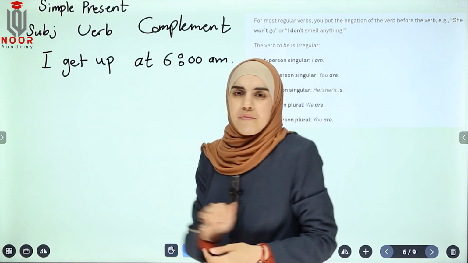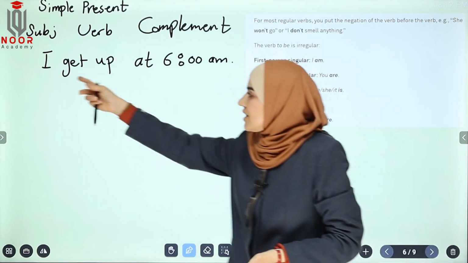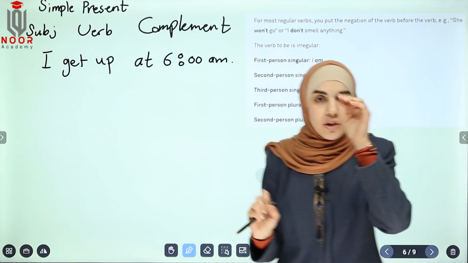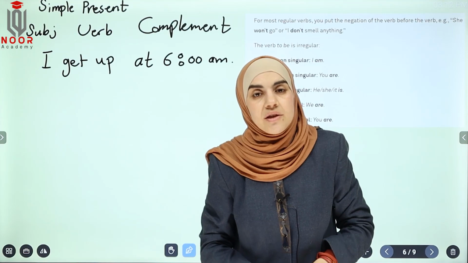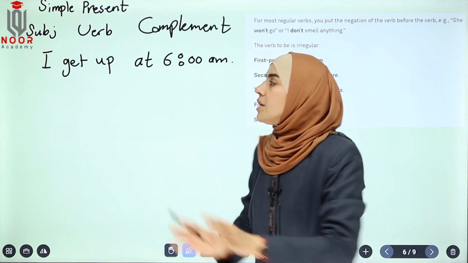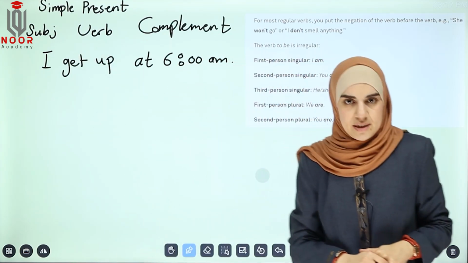Get up is my verb, and we don't need to add s or es because of I. She, he, it, and all singular nouns require me to use the verb with s or es.